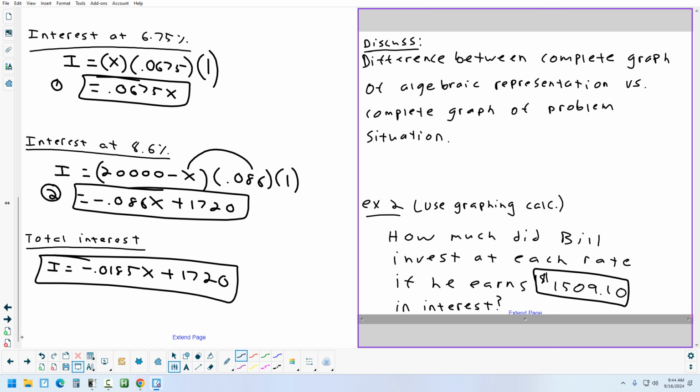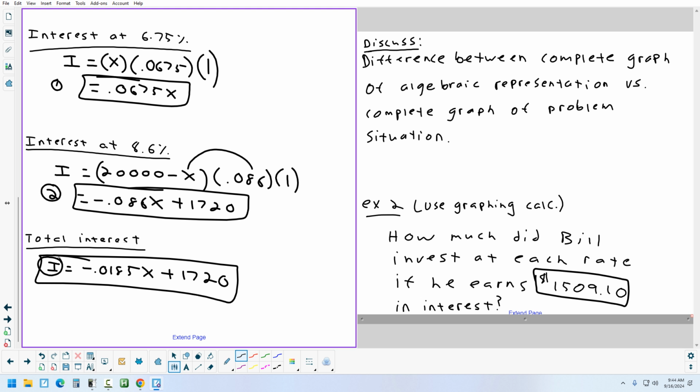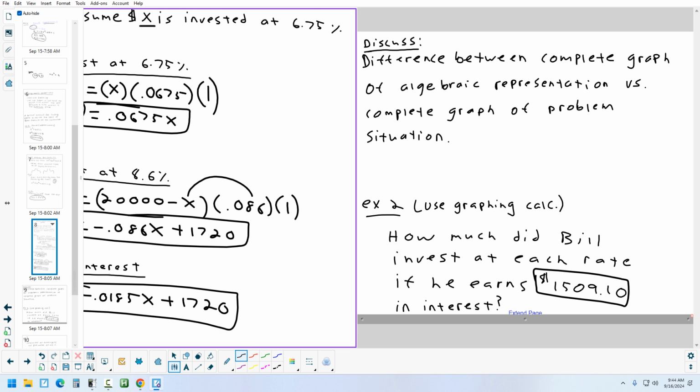Yeah, that gets plugged into total interest. That's going to get plugged in for I in the total interest formula. Now, if I wanted to do it algebraically, I just fill in $1,509.10 where I just circled, and then solve. Okay, but we're gonna do it on the graphing calculator.